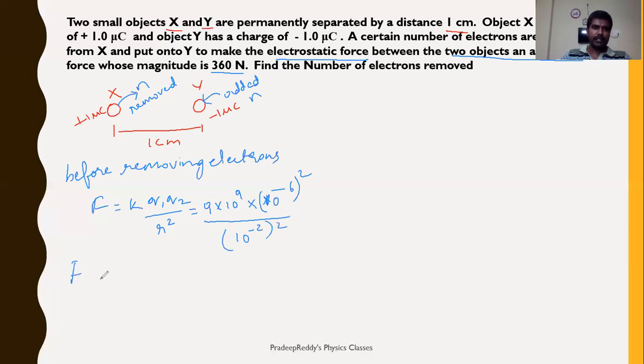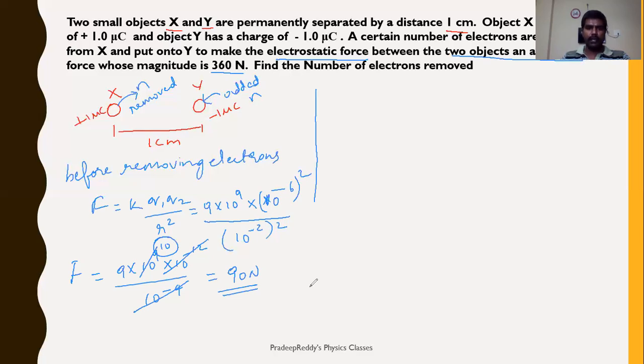F is equal to 9 into 10 power 9 into 10 power minus 12 divided by 10 power minus 4. 10 power minus 8 is left over, and 10 power plus 8 leaves only 10. So this gives you 90 Newton.